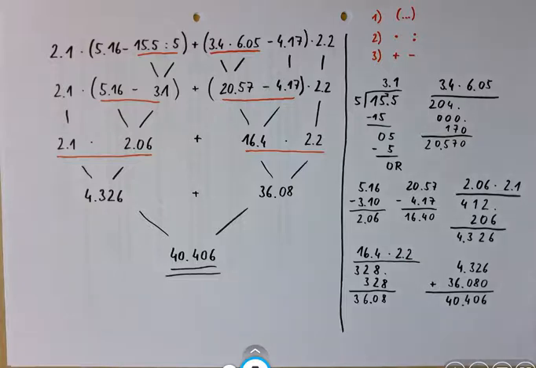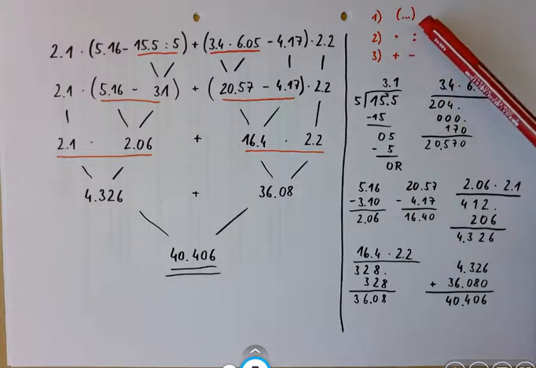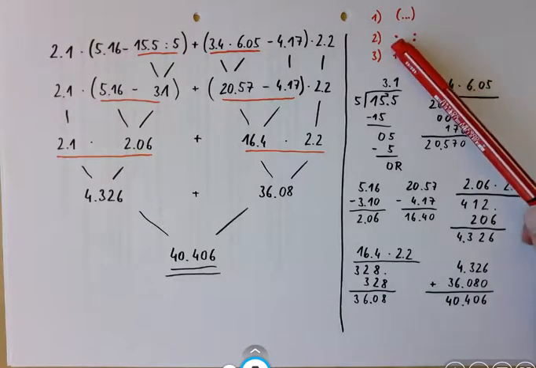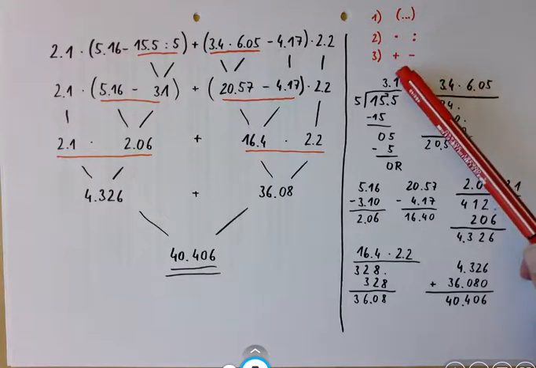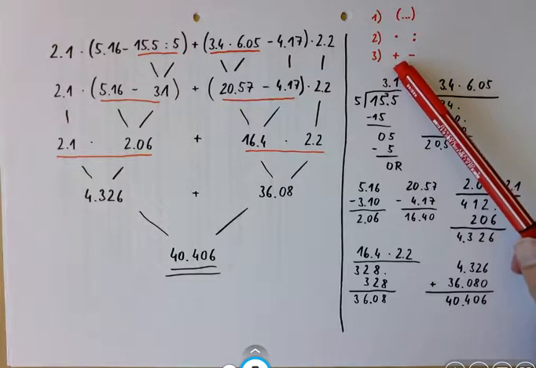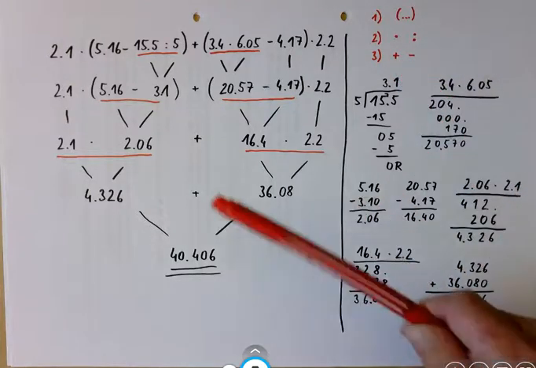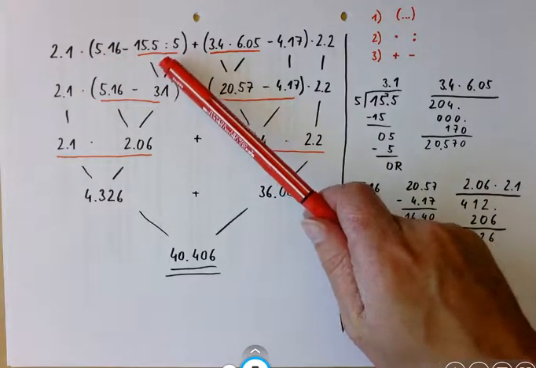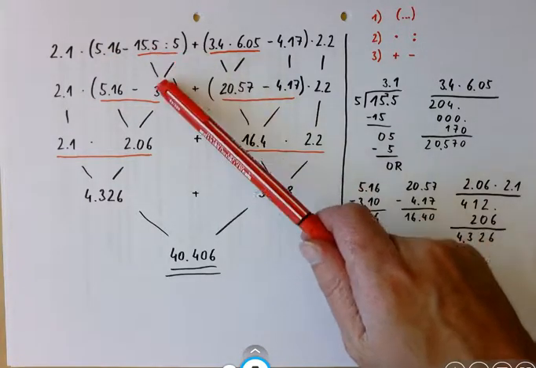What is important is to adapt the order of operations, so brackets first, then dot operations, multiplication and division, and then dash operations, plus and minus, and inside the brackets the same, perform dot operations first.